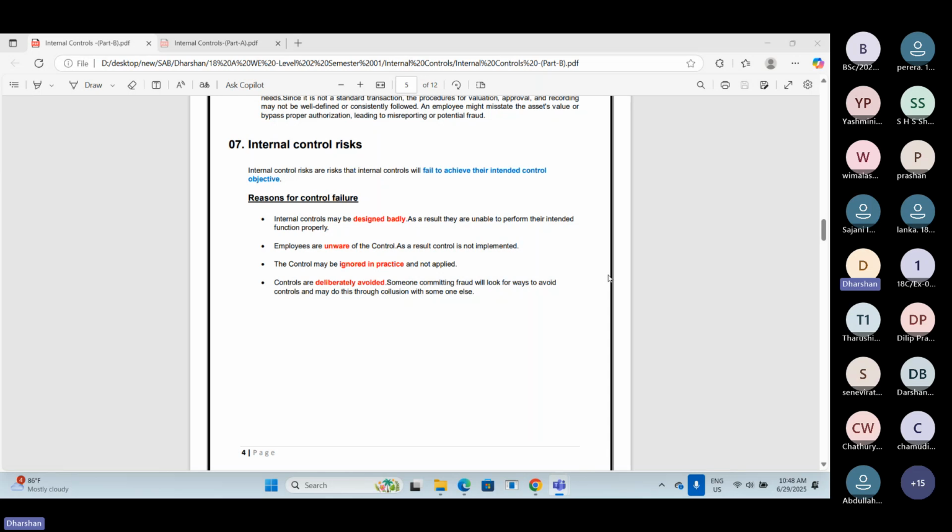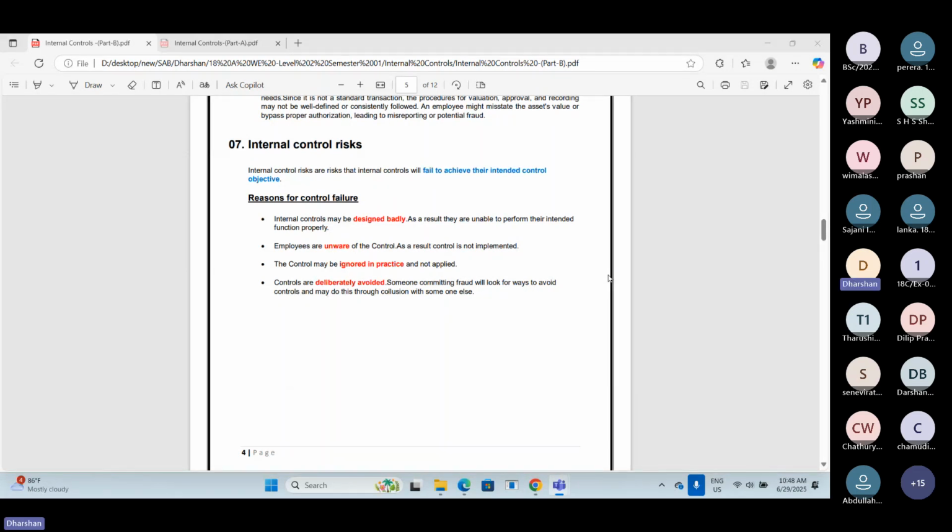All the controls are achieving their internal objective. Likewise, that impression he can get. But practically, on paper only, you have all these things. Practically, you have not implemented those internal controls. What will happen? Designed internal controls will not achieve their objective. Then it will fail.